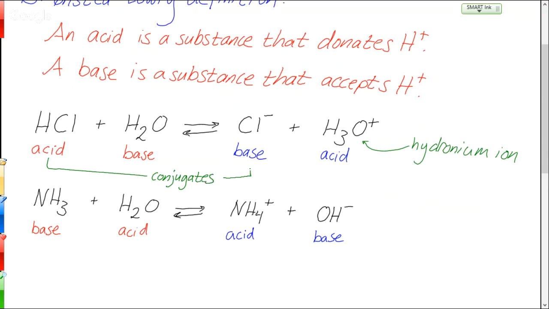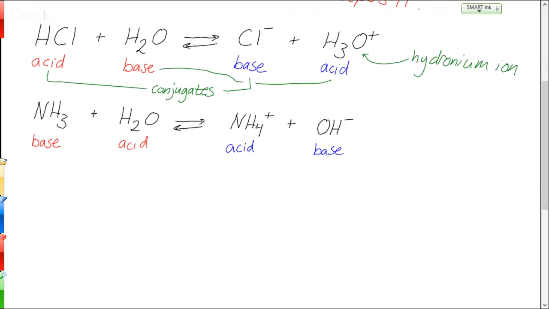Conjugates are a pair of molecules that only differ by H+. So everything else about them is the same, except H+. So H2O and H3O+, they only differ by H+. So that's a base and a conjugate acid, or an acid and a conjugate base.